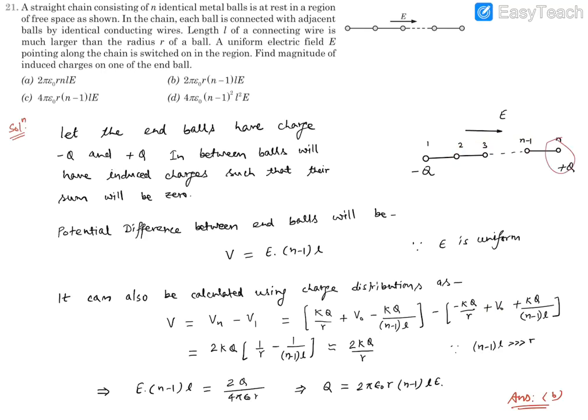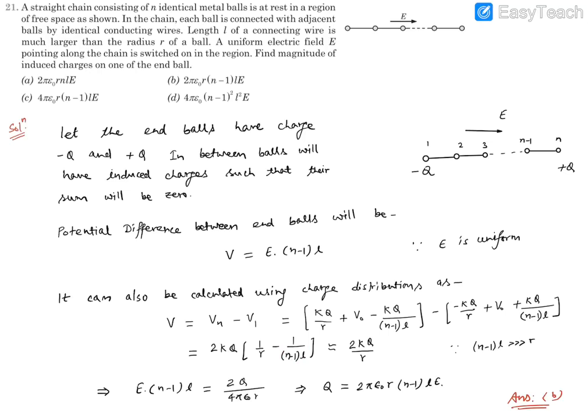And because of the plus q charge at this location, it is going to be kq upon (n minus 1) times L in the denominator. Now simplifying this expression, V0 cancels and we have 2kq, which we can take common, times (1 by r minus 1 upon (n minus 1) L).